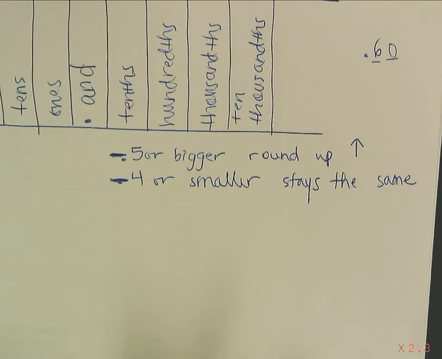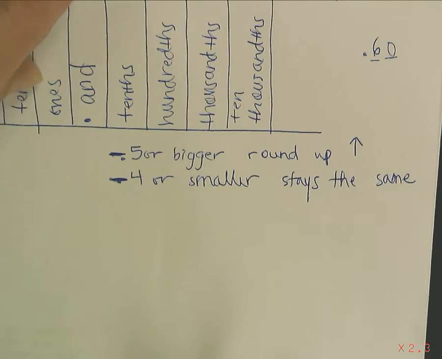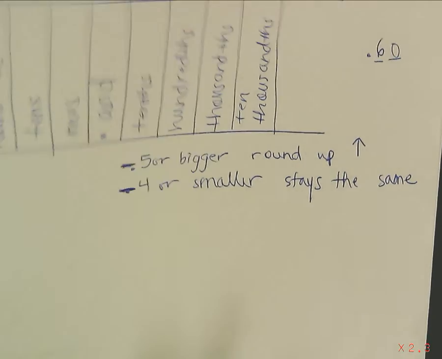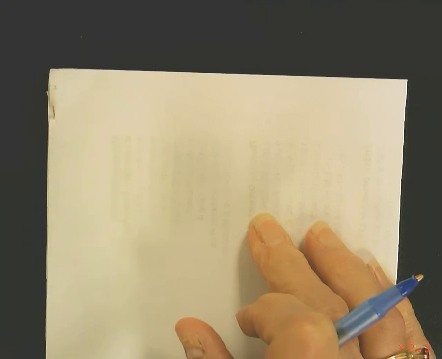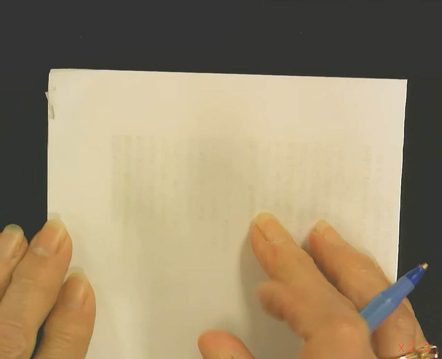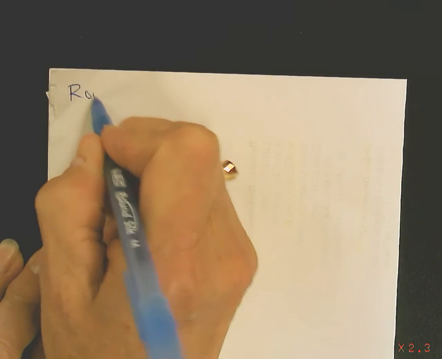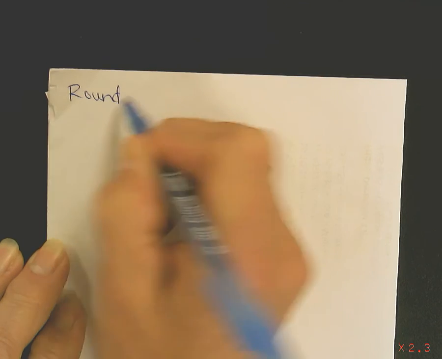So for these first examples, you know what? Here we go. If I've got half a sheet, I'll be more likely to keep it there on the screen. So for our first examples, you need to write these instructions.